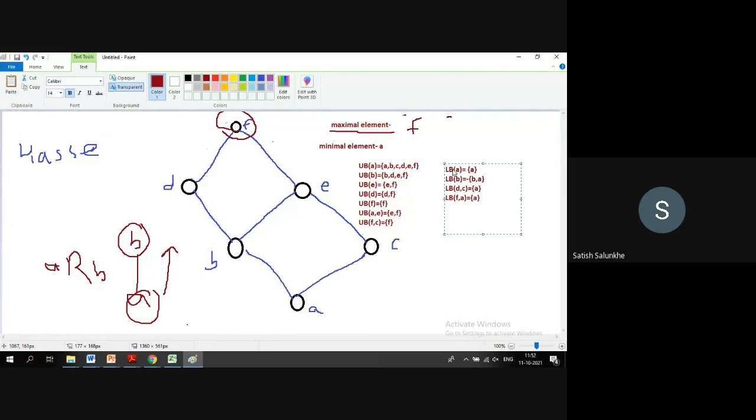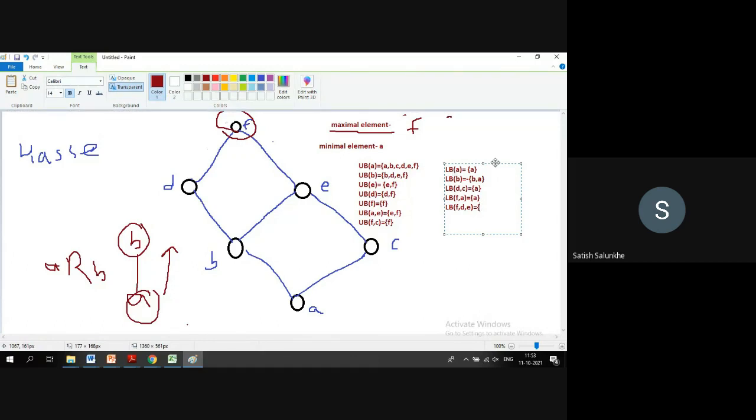You may have another example, the lower bound of F and D. Let us take one more element, E. I want to find the lower bound of all these three together: F, D, and E.